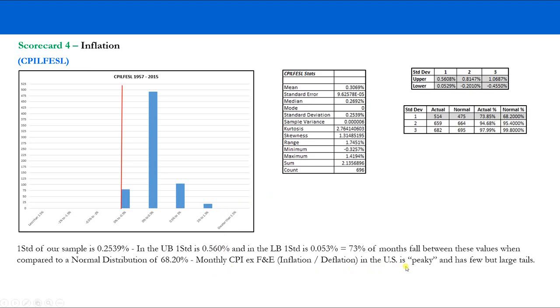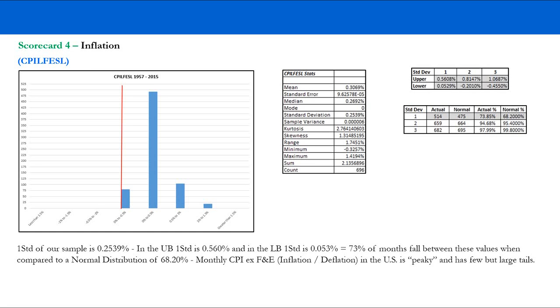What we get to in terms of concluding in this distribution relative to a normal distribution is that essentially much more positive data, similar to the CPI including food and energy prices, but also the distribution, so CPI ex food and energy, inflation or deflation in the US, the distribution relative to a normal distribution is peakier and has fewer but much larger tails versus a normal distribution.